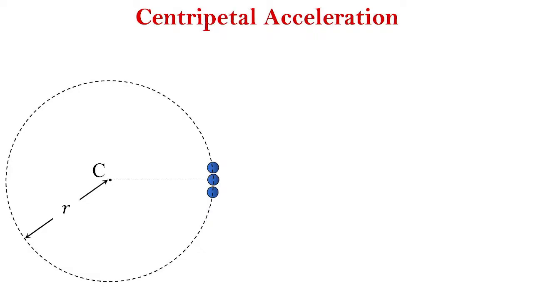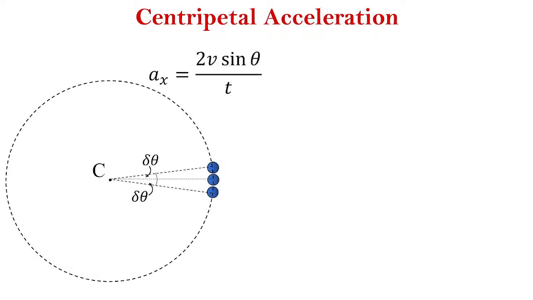So we need small angles. Delta theta. Small angles. We are dealing with small angles. Delta theta, small angles. Actually speaking, this delta theta is very small angles, not just small angles. We need very small angles.